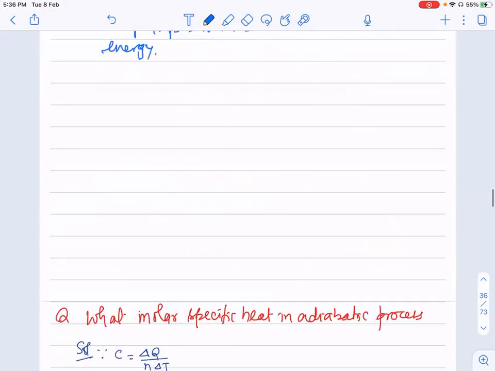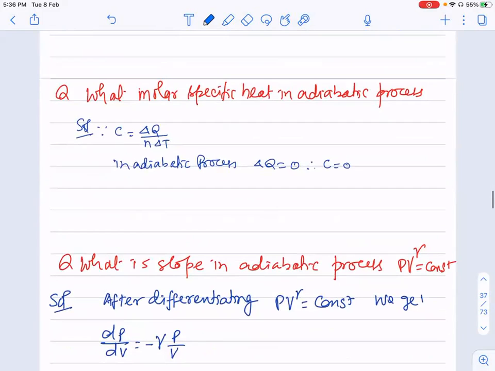Okay. Now, suppose I ask a question similar to the one we did in the isothermal process: what is the molar specific heat in the adiabatic process? Molar specific heat, symbol C, is energy per unit mole per unit change of temperature.